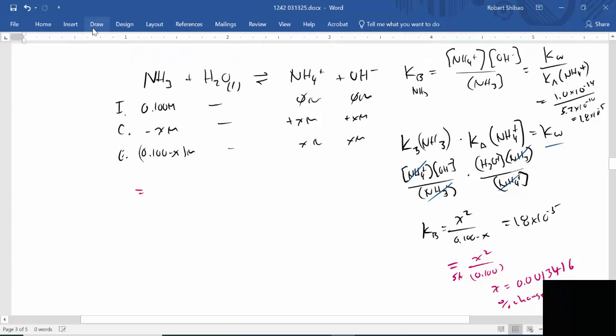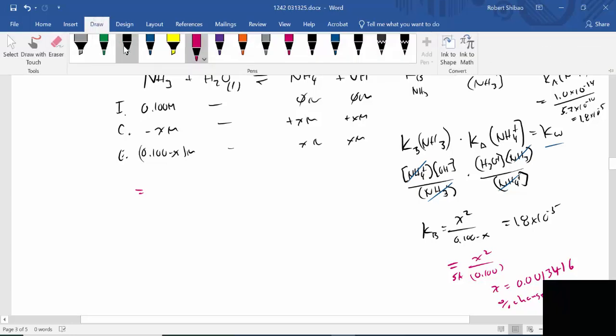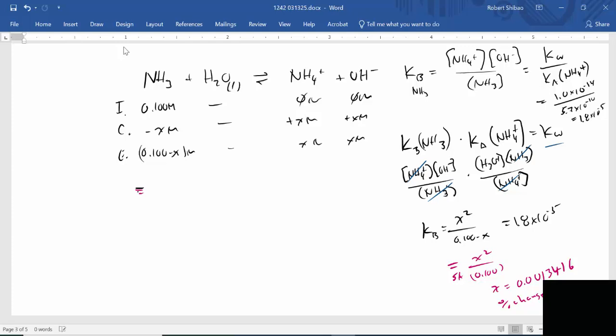And so what we're going to have here is this. We started off with 100, we lose 1.3, and so we're going to be left with 98.7. So 0.0987, or actually not 1.3, sorry, it's 1.34.